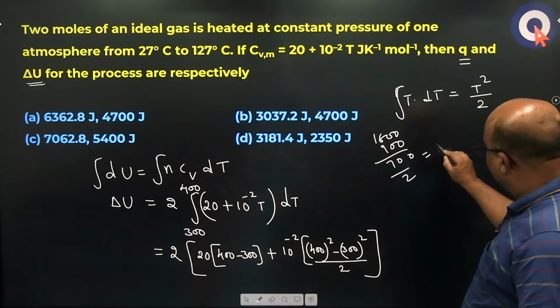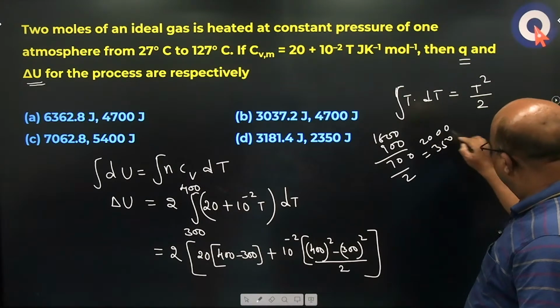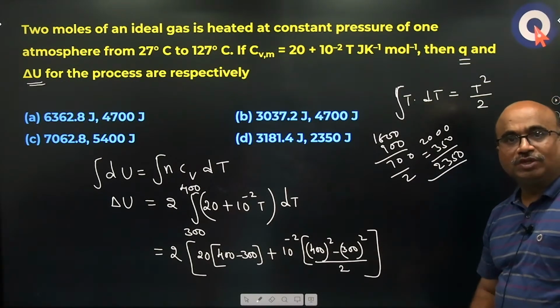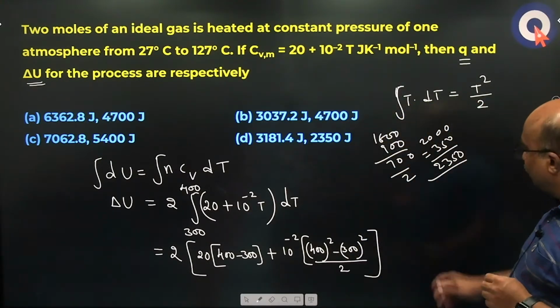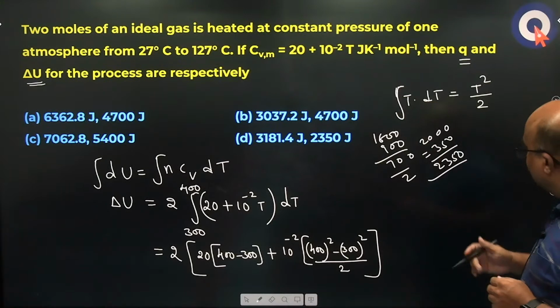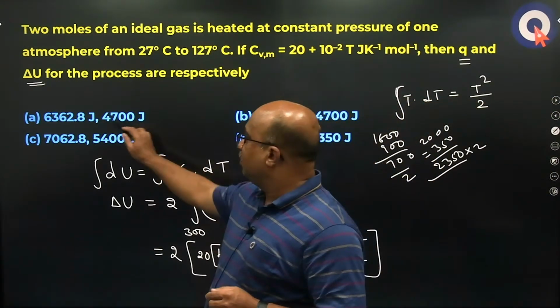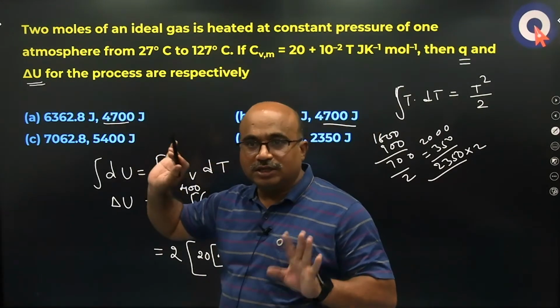By 2, it's 350. So 2000 and this 350, so 2350. So instead of actually doing subtraction, we did addition. That's why we are not getting that option. So into 2 times of that, it's 4700. So this is the value for the internal energy.